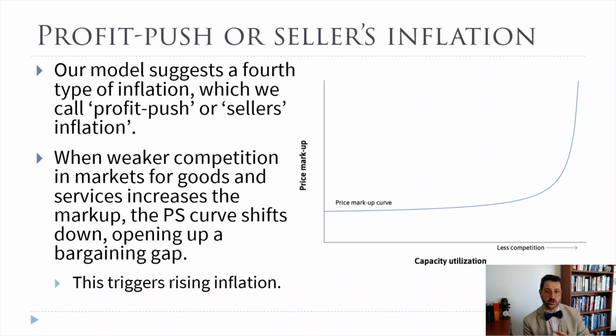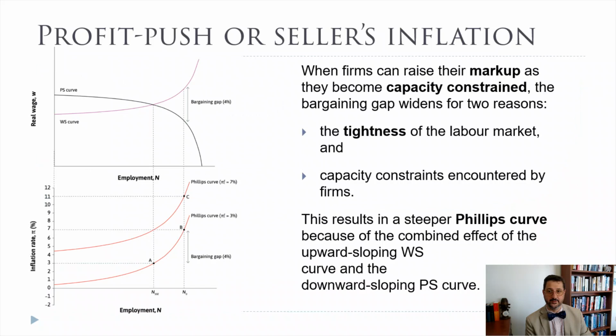If it's profit push or seller's inflation, then we would expect to see higher profit levels along with higher inflation, whereas that's not the case for the others, where the markup stays basically the same. And so I think that's an important question, and one of the reasons that we really want to encourage competition in the economy.